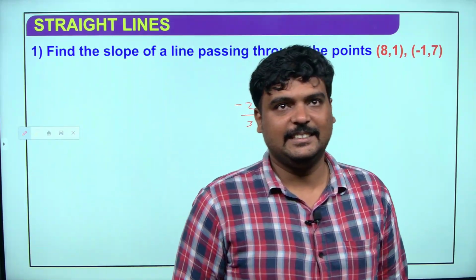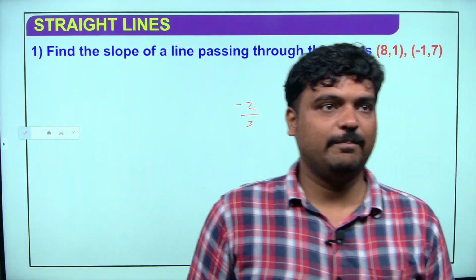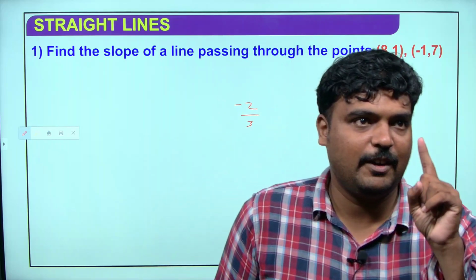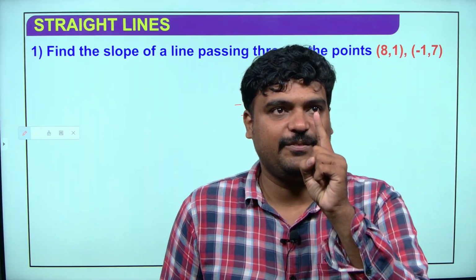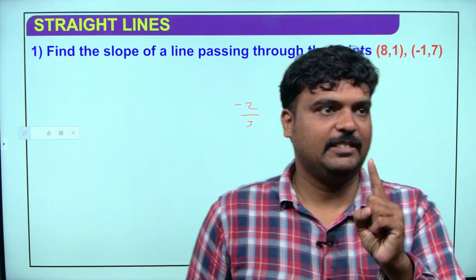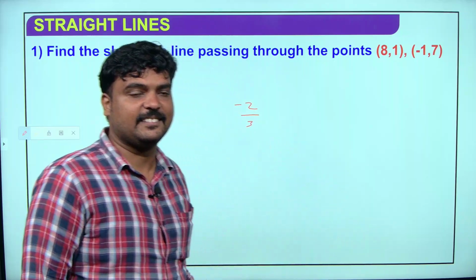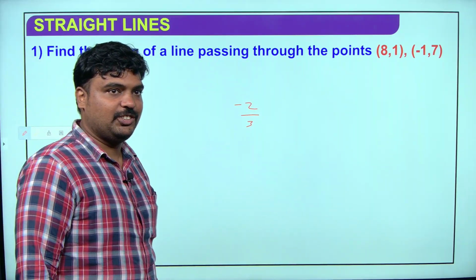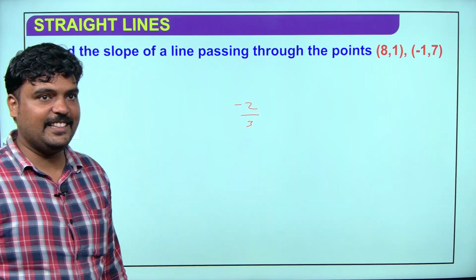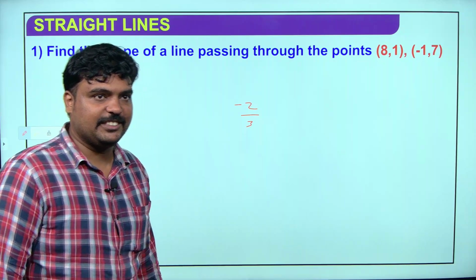Minus 2 by 3? Yeah, but I want an answer from Pratika, Nitish, and Vidyut. These people have not spoken anything to me in the class. Nitish, have you done that?